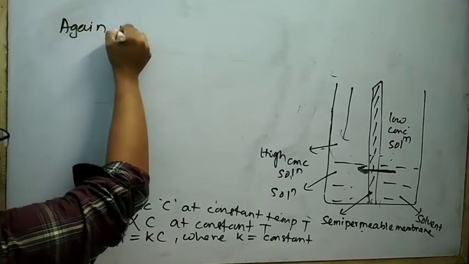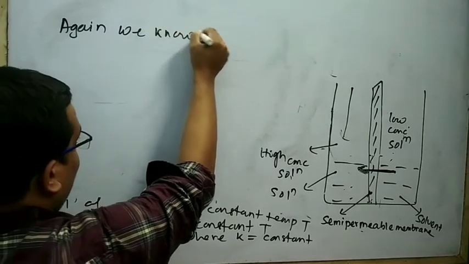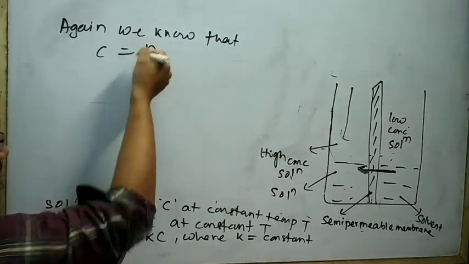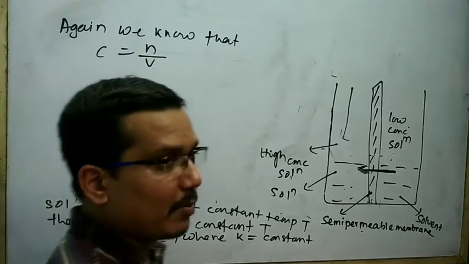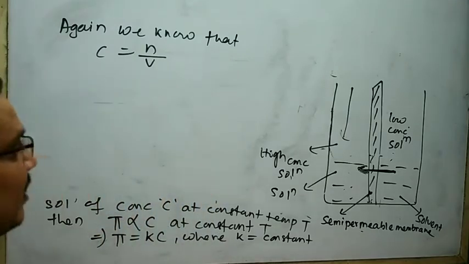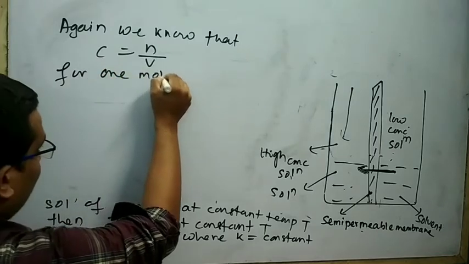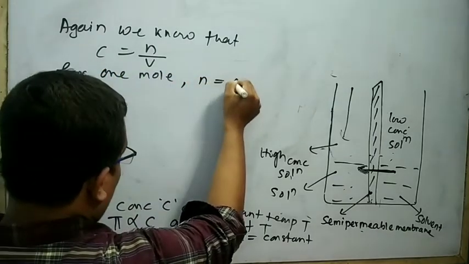Again we know that C is equal to n by V. Here n is the number of moles, V is the volume of the solution. For 1 mole, n is equal to 1.